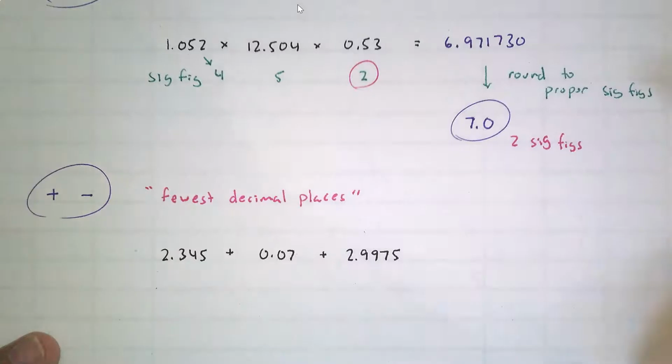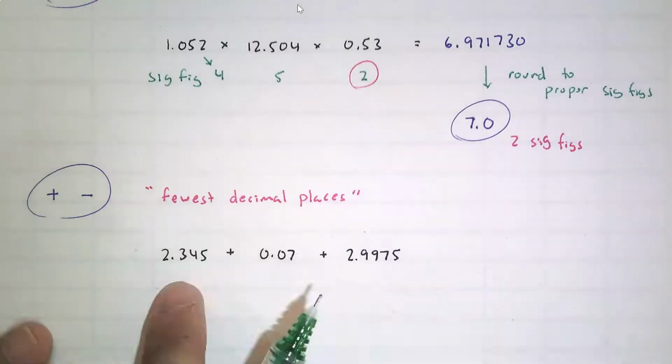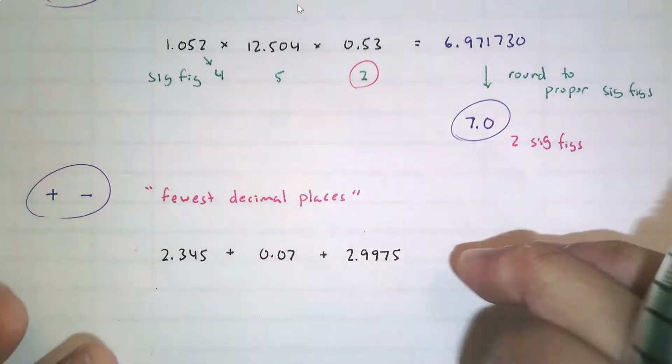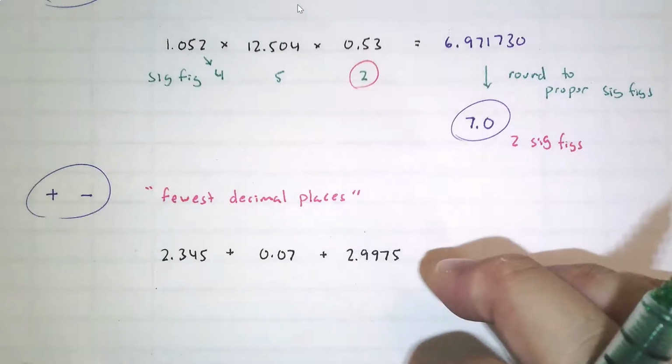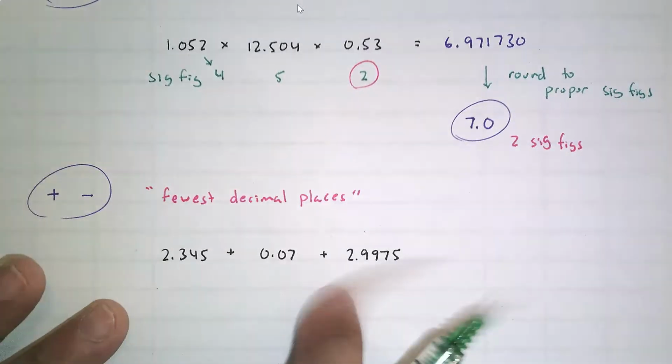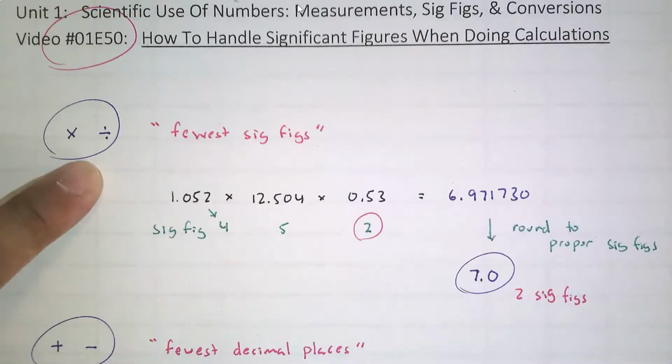As practice, let's figure out the number of sig figs for each of these. Actually, let's not, because I don't want your notes to be cluttered, because the number of sig figs is not important like it was in the multiplication and division rule.